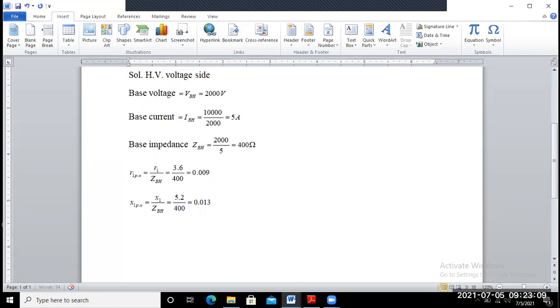That means the low voltage side resistance referred to the primary side is R2 into (N1 by N2) whole square. So the equivalent resistance in ohm in the HV side is R1 plus R2 dash.